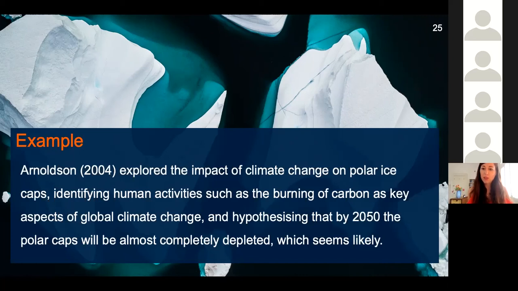It obscures any clarity. So if I were to look at this sentence, I don't know what you think, but I would stop the first sentence after global climate change. And then I would start a new sentence: Arnoldson hypothesized that by 2050 the polar caps will be almost completely depleted.